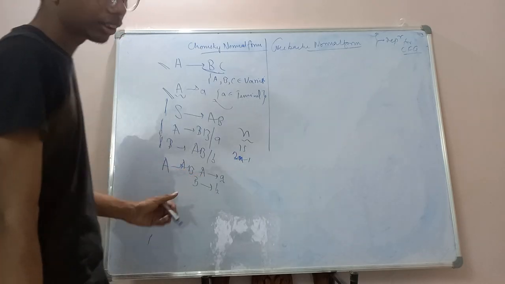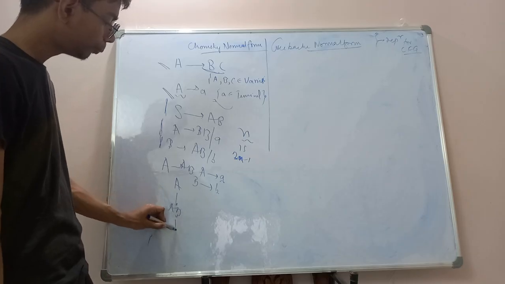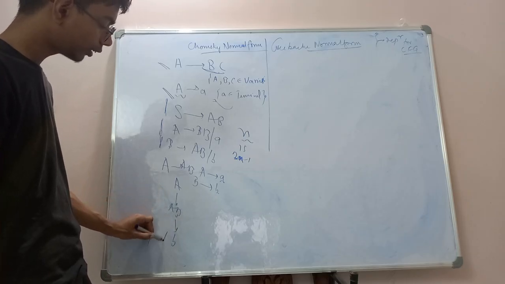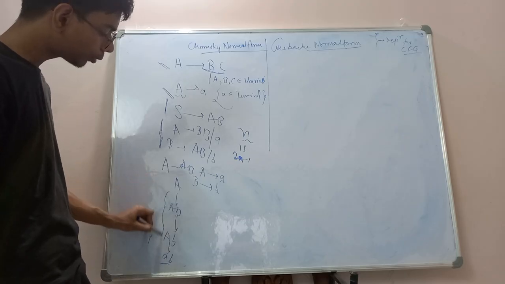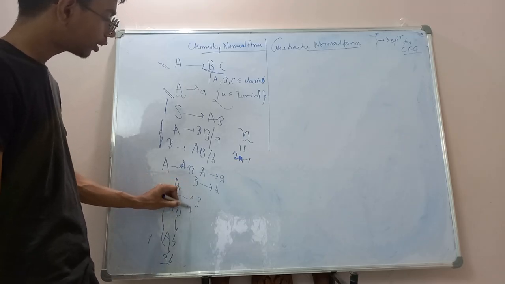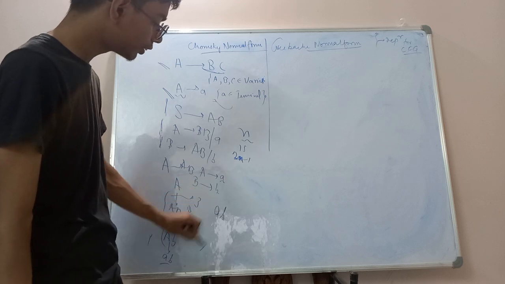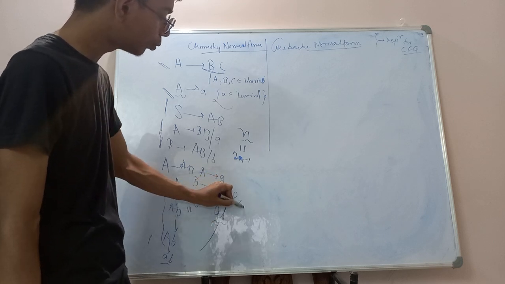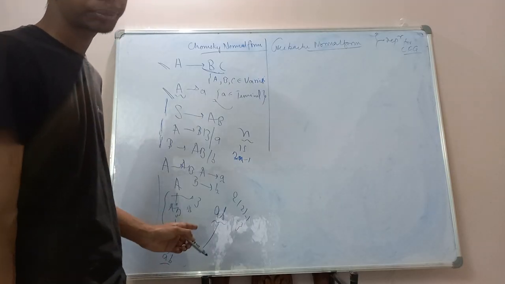So I have S as AB, and A as a, and B as b, right? So the total number of steps here is 3, and the string length of ab is 2. So 2 into 2 minus 1 is 3. So 3 steps are there, right?